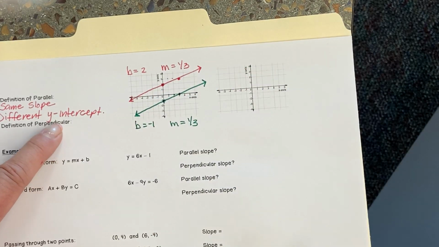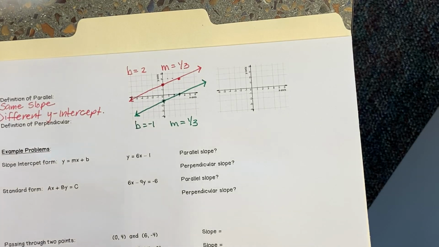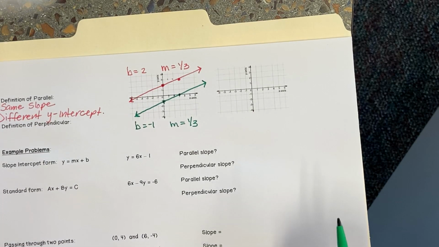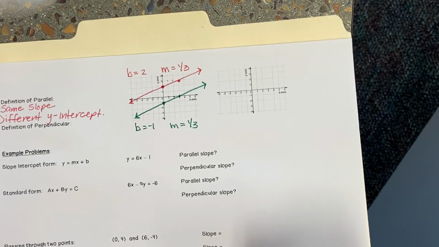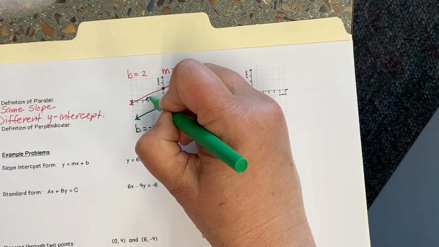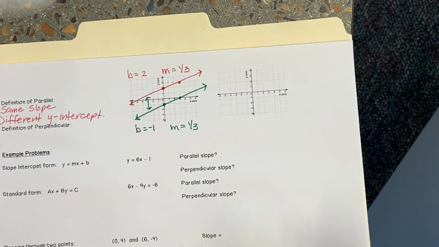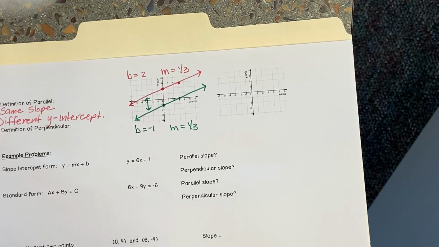There you go. Two parallel lines. Same slope, different y-intercept. Now remember, the reason they need a different y-intercept is to spread these two lines apart, because we don't want the lines right on top of each other. That wouldn't be parallel. We need to spread them apart.